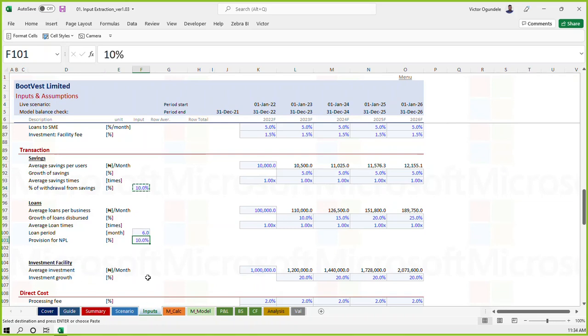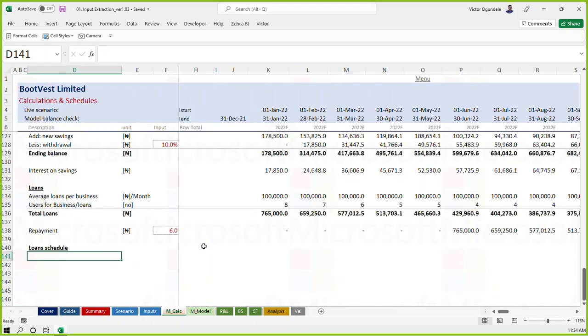What percent should we use? Any suggestion? What percent do you think we can use for our non-performing loan, the average non-performing loan of a bank? We can compare with banks, so we start there. 7.5. Okay, so it's suggested 7.5. Let's put that as well.